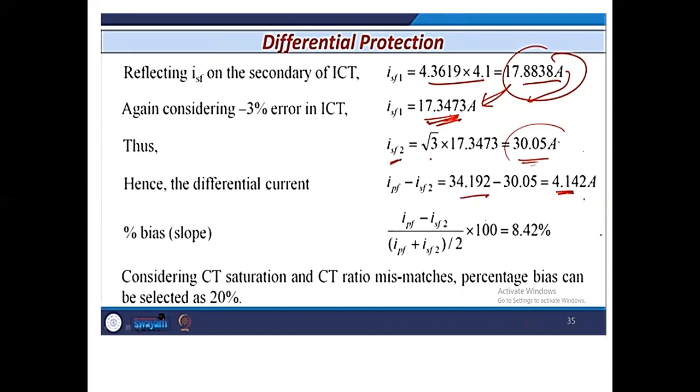Right? So now see the setting which is already given in the data. The setting given in the bias differential relay as a fixed setting is 15% of 5 ampere.